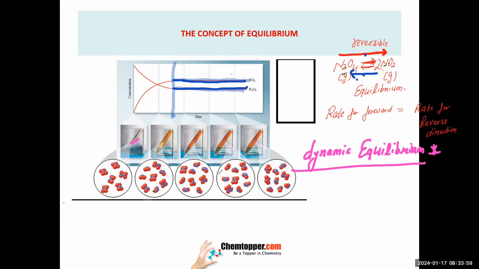The equilibrium is not static. Dynamic means the reaction is going in the forward direction as well as in the reverse direction. So, children, is this word clear? Equilibrium?